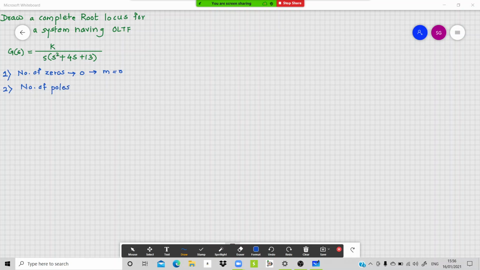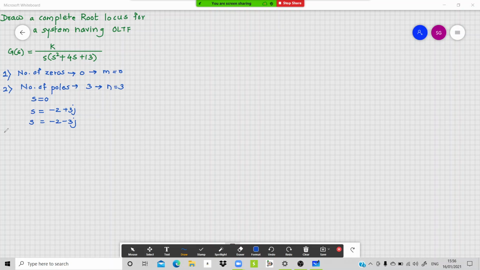Number of poles 1 and this 2, that means 3. That means N is equal to 3. What are the poles? s is equal to 0. You solve this, you will get 2 more. That is coming out to be minus 2 plus 3j and minus 2 minus 3j. So we got the number of poles and zeros.